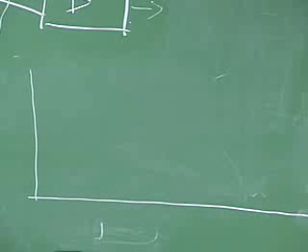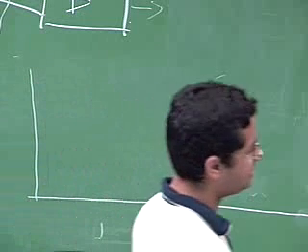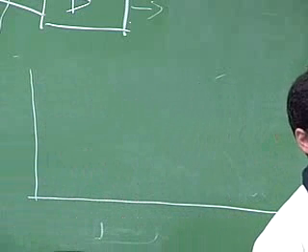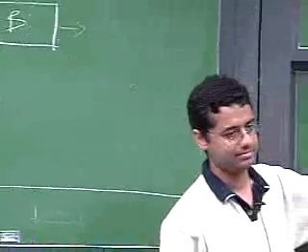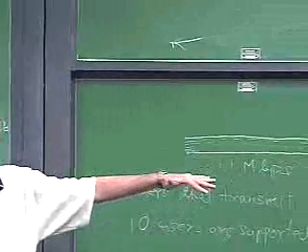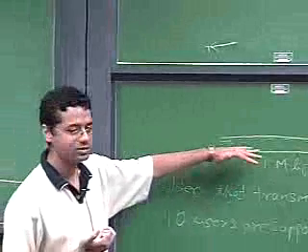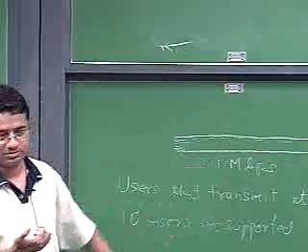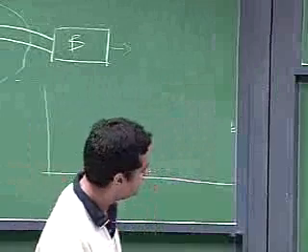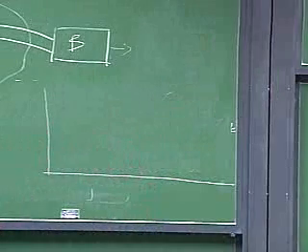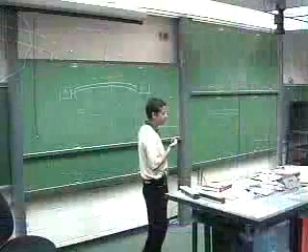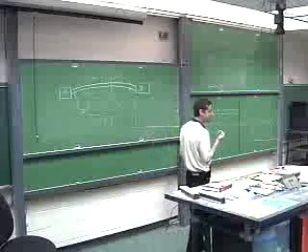if you had 5 such users, can you support all of them over this link? Yes. I mean, even if all of them are active at the same time, you're only going to use 500 kilobits per second. If you had 10 such users, then again you can support all of them.